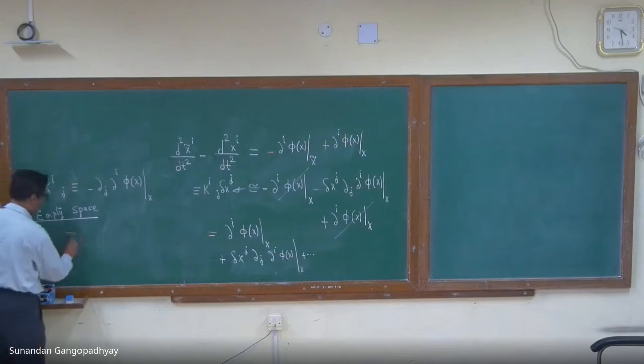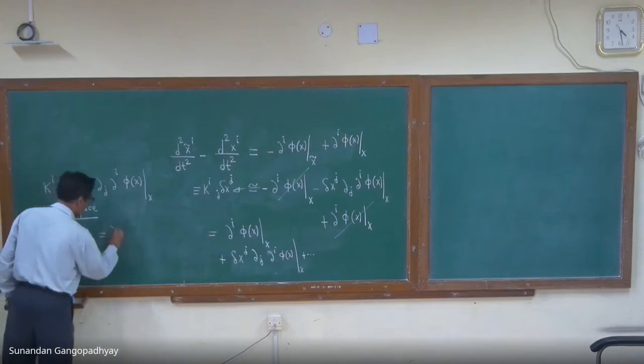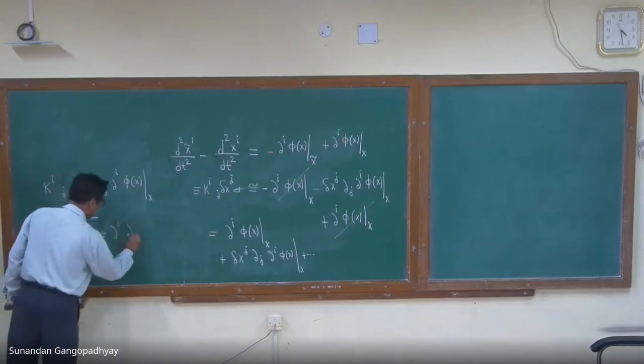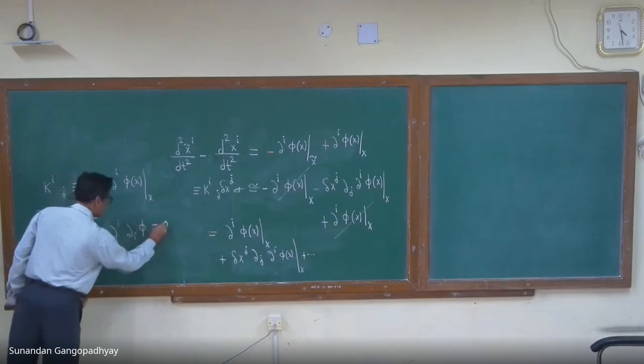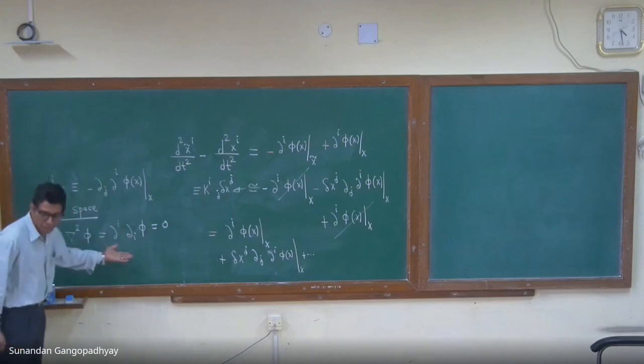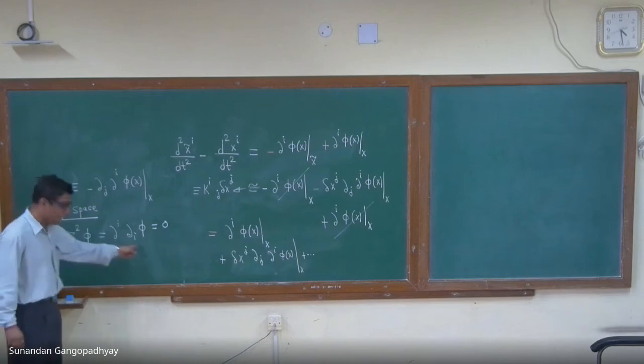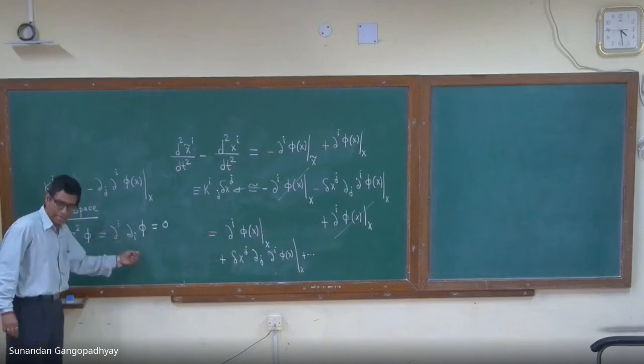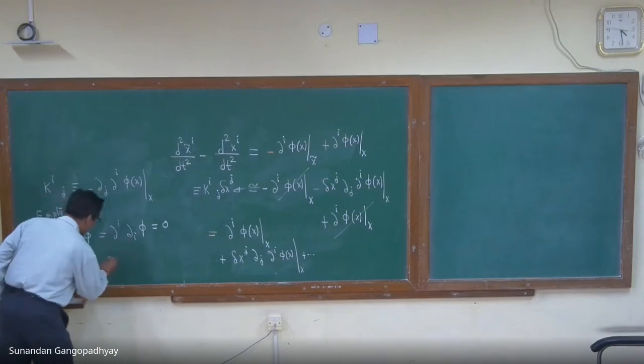So in empty space, we have the Laplacian of phi, nothing but zero. But what is this quantity? Empty space, follow? Laplacian, so del i del i phi.